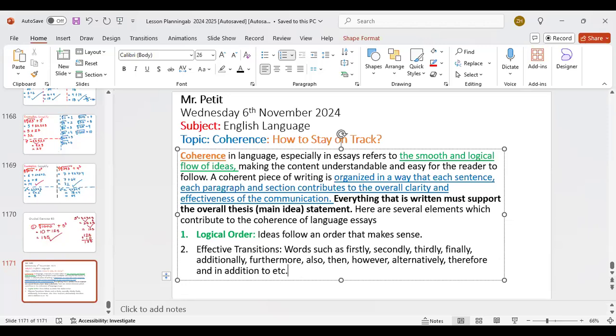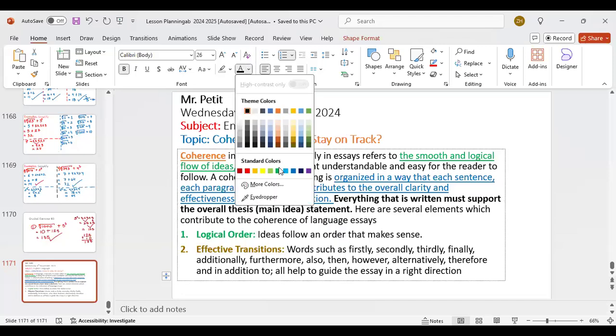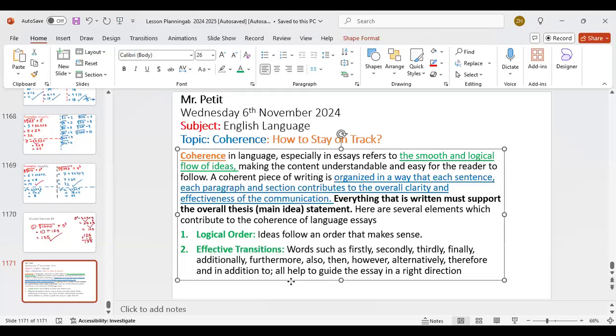They all help to guide the essay in the right direction. So they are very effective if you use them properly. So try to use them in your essay so that it could help you to form coherent sentences and form coherent paragraphs.